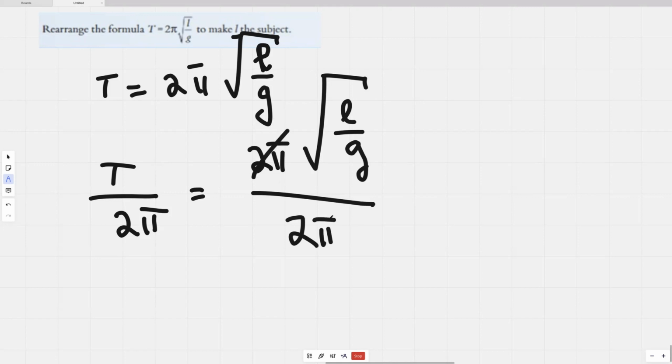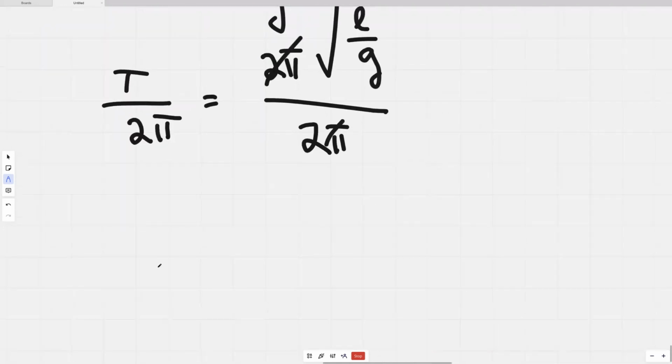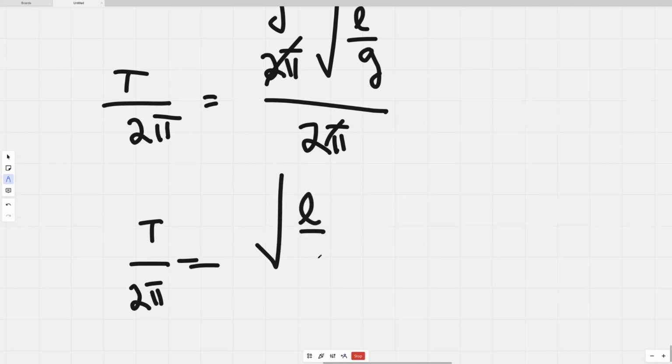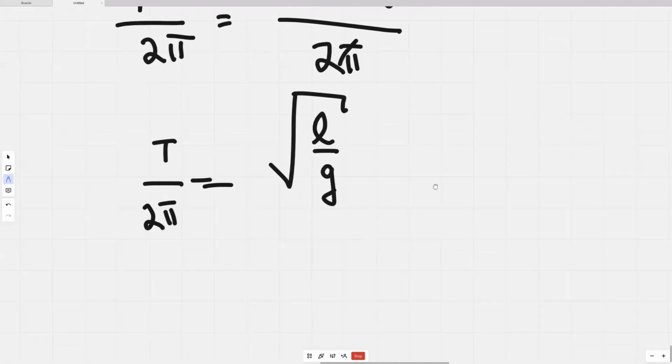And these will cancel each other, and then t over 2 pi is equal to the square root of L over G.